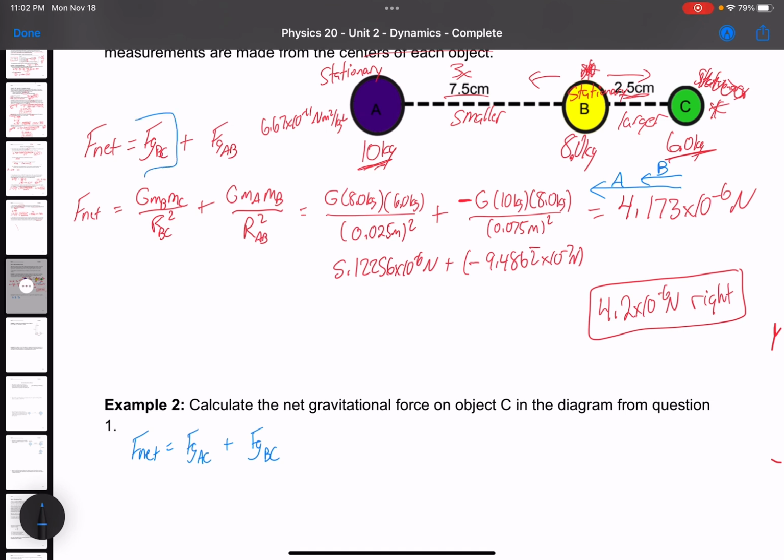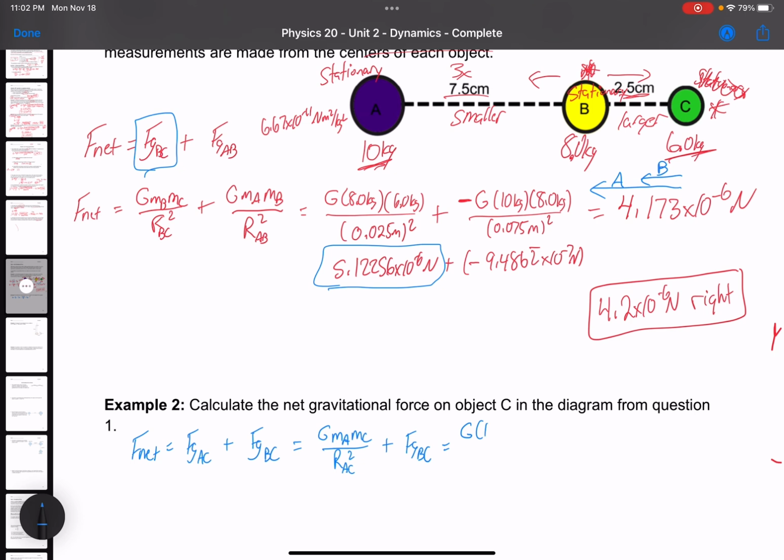We did B and C up here, so I can actually just poach this number because it's not going to change just because now we're looking at C instead of B. Remember, the force of gravity between the two objects is the same, so that part I'm already done. So this is going to be G, mass of A, mass of C, divided by the radius of AC squared, plus, again, I'm just going to leave that because I already know that number from the last question, but you could recalculate it if you wanted.